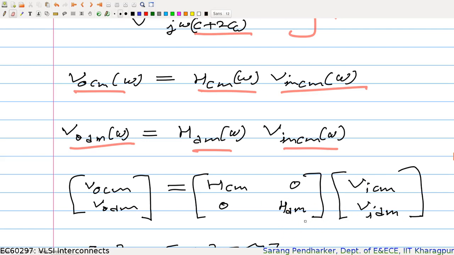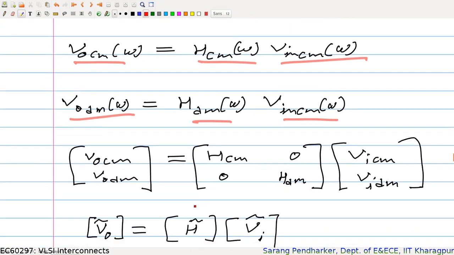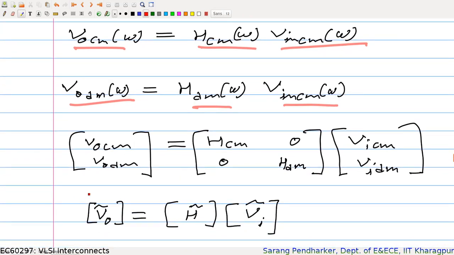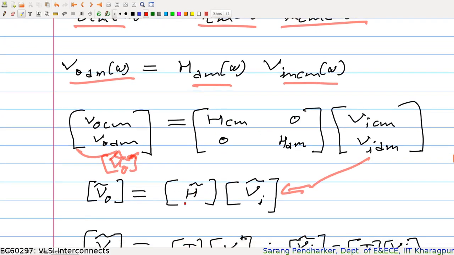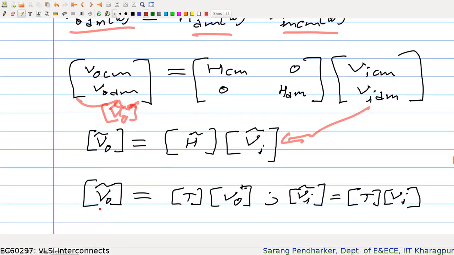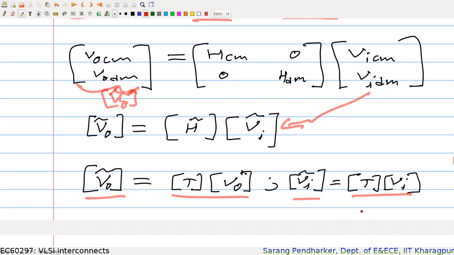Once you have written it like this, you can again transform back. So basically what you have is V out tilde matrix, and this is your V in tilde matrix, and this is a diagonal matrix. Now you can back substitute V out tilde in terms of V out, and V in tilde in terms of V in.